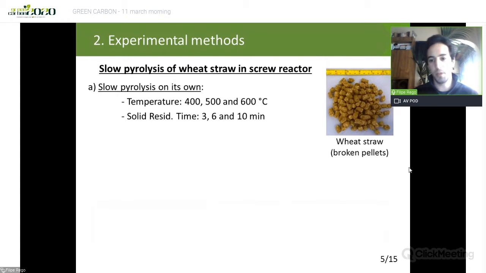You can see a picture of the feedstock as received in broken pellet form, the wheat straw. I studied 3 different temperatures and 3 different solid residence times, which was limited by the screw speed.